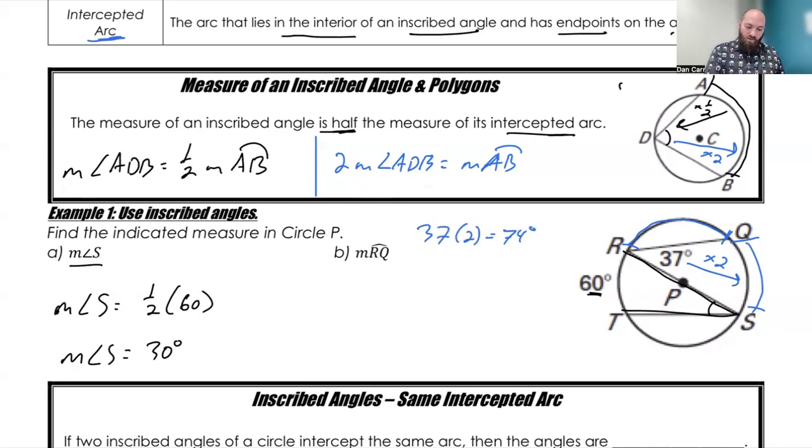The other important part about this is the fact that since P is my center, this is a diameter. Or sorry, this is a semicircle because this is a diameter here, meaning RQS, the whole thing, is 180 degrees. So now to find my measure of arc RQ, that's going to be equal to 180 minus 74, which is equal to 106 degrees. Okay.